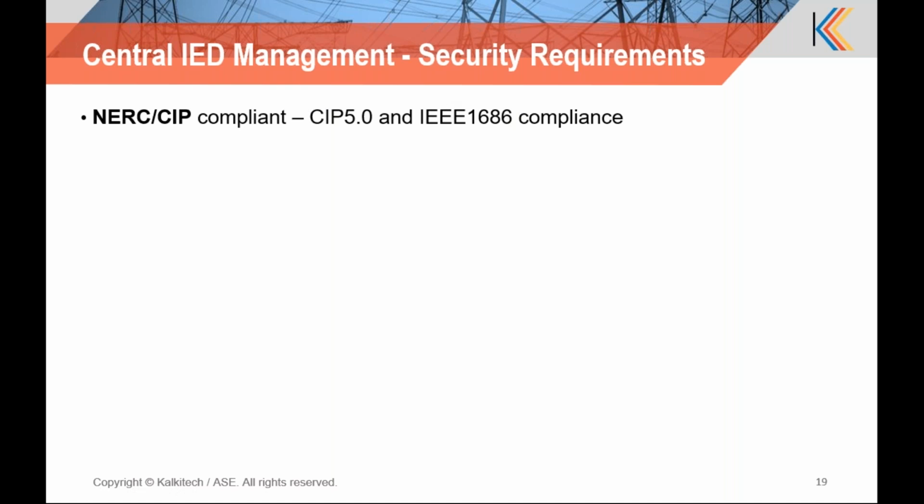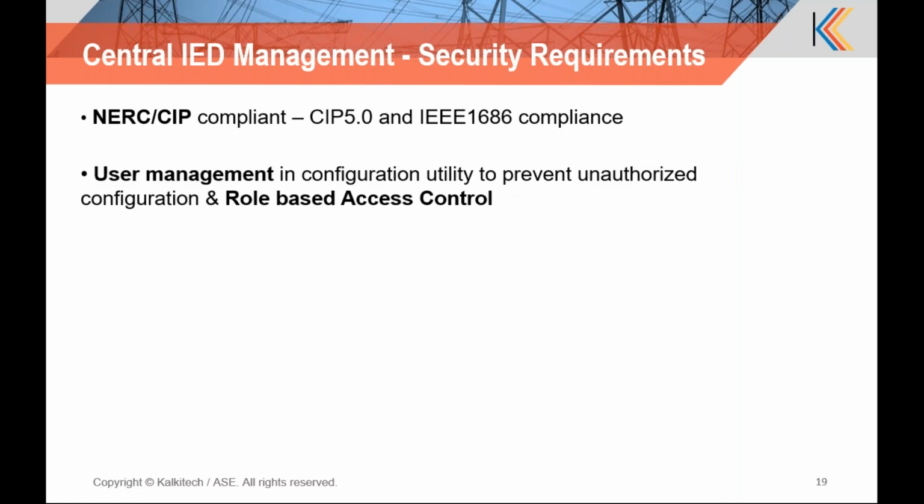What adaptations are needed based upon CIP? IEEE came up with a standard known as IEEE 1686, which details the requirements for intelligent electronic devices. We comply with both of these, and they need to be met in utility premises.